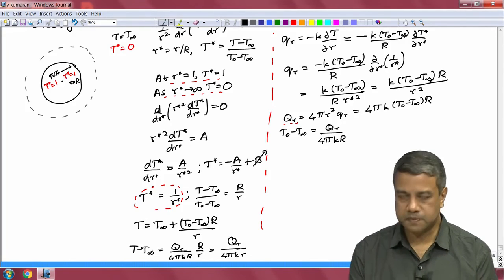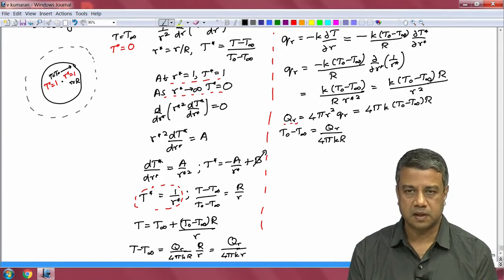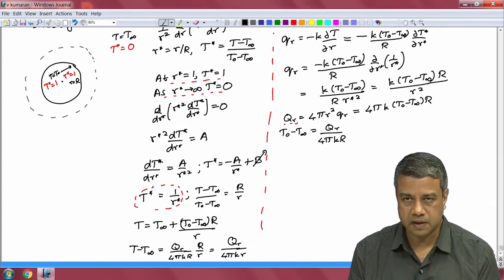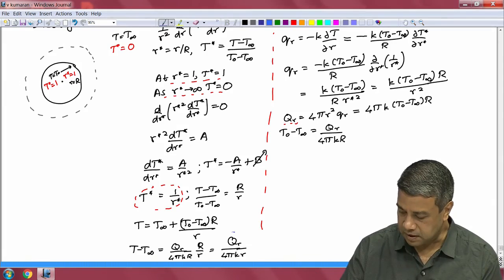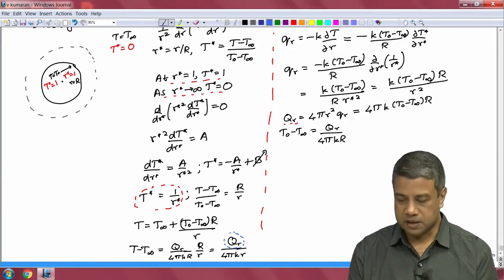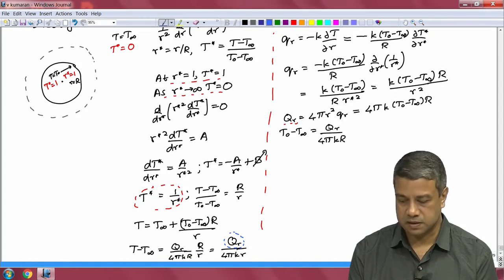Note that when we express the difference between the local temperature and the temperature at infinity in terms of the heat transfer rate Q, the expression turns out to be independent of the sphere radius.